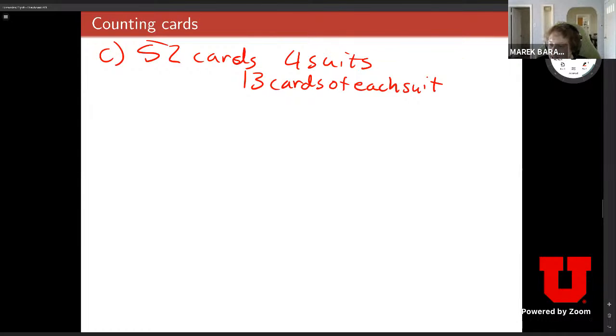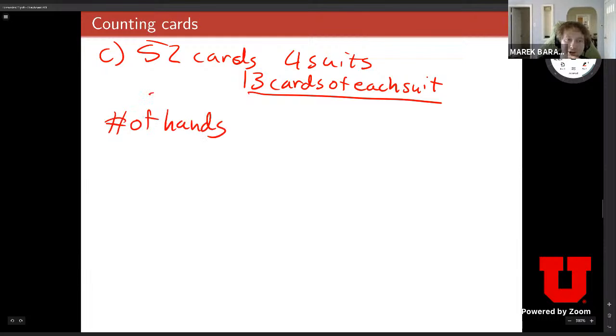Why is 26P1? Yeah, I'd have to think about that. I'm responding to chat. So we have 13 cards of each suit, and we want to know the number of 5-card hands with all one suit.